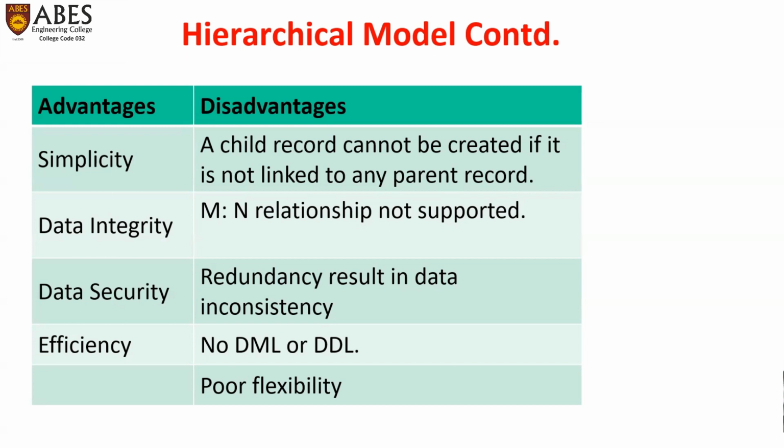Meaning there is redundancy in this model, and if redundancy exists anywhere, then inconsistency always comes. This model also does not support the data manipulation language or the data definition language. Poor flexibility: you cannot easily add any node to the model. So this is not much flexible.